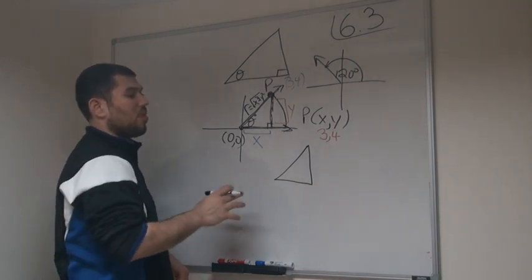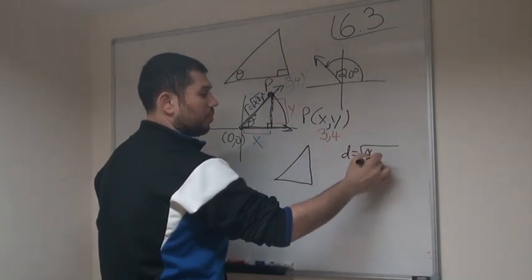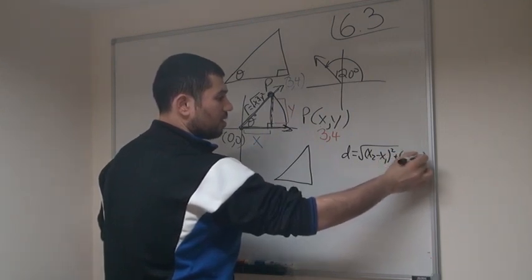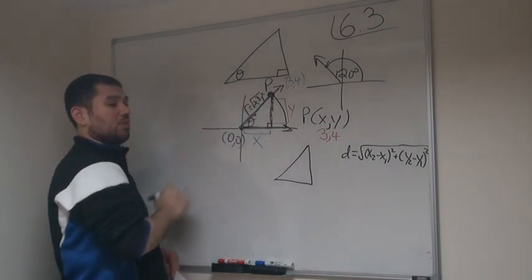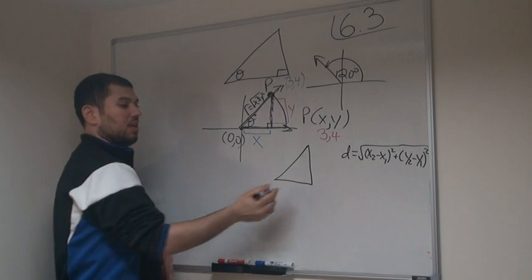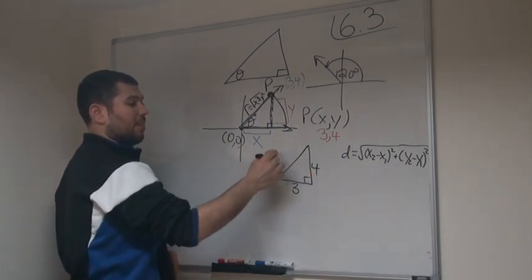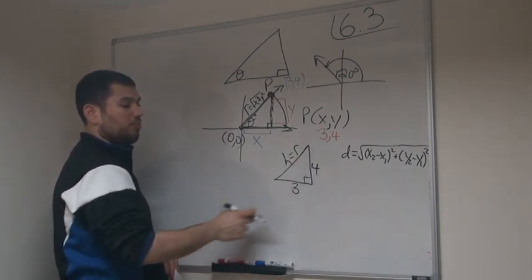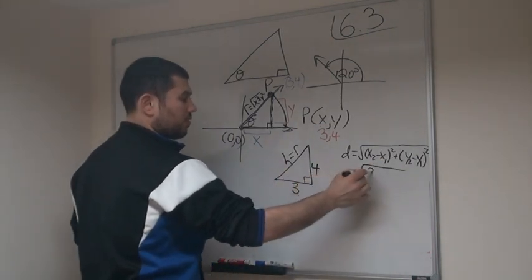I said instead of memorizing d is the square root of x2 minus x1 squared plus y2 minus y1 squared, instead of memorizing that formula and saying, okay, I'm going from 0, 0 to 3, 4, we can draw a right triangle, which we already have, and say, hey, look, if one side is 3 and the other side is 4, then the hypotenuse here, or the distance that we call r, would be the square root of 3 squared plus 4 squared.